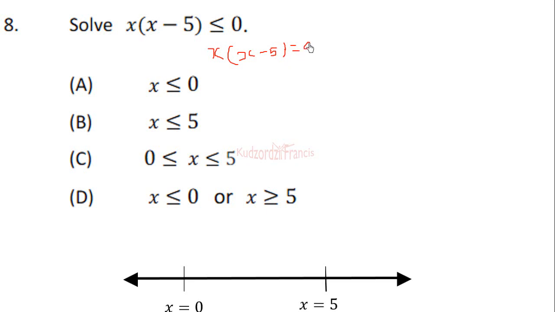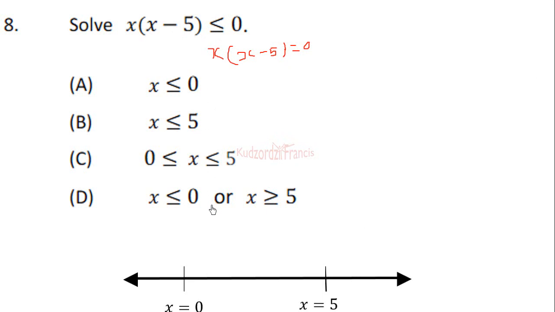So now what do we do next? That is how we got x equals 0 and x equal 5. Good. So that is the function of translating it into an equation. But we are not solving this equation, we are solving an inequality, so we need to get a range of values for x.